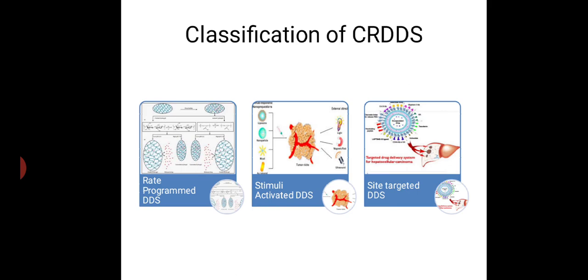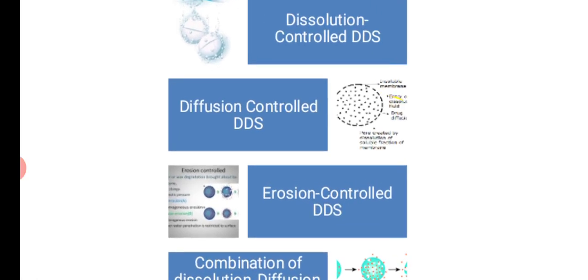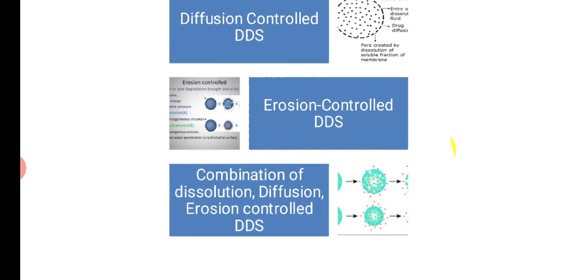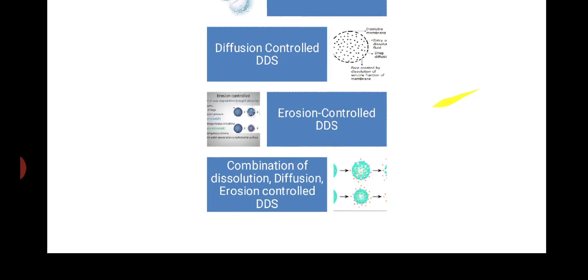Now, first let us see the rate programmed drug delivery system. The rate programmed drug delivery systems are classified into four different types: dissolution controlled drug delivery system, diffusion controlled drug delivery system, erosion controlled drug delivery system, and a combination of dissolution, diffusion and erosion controlled drug delivery systems.